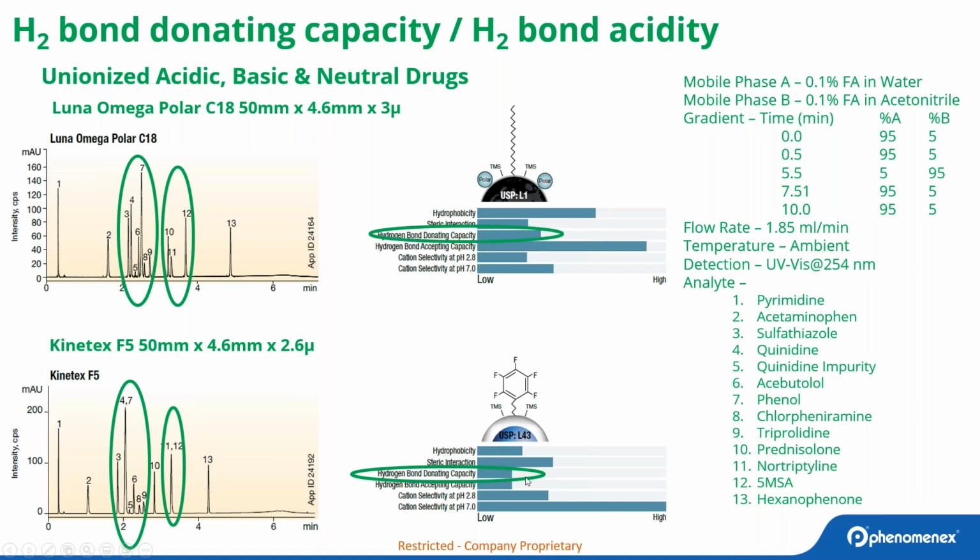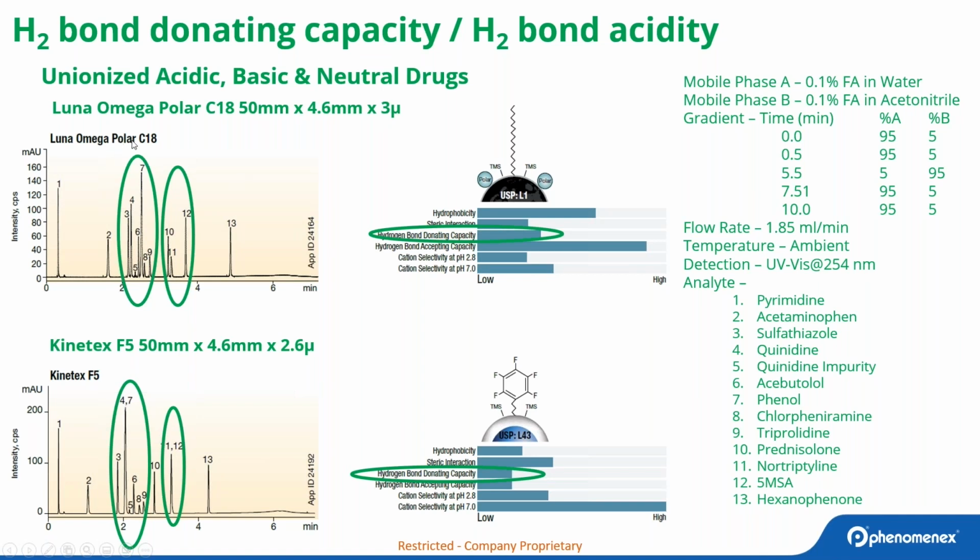So if we're looking at using this hydrogen bond donating capacity as the selectivity to separate some analytes of interest, say we have 4 and 7, which is phenol and methionine, I always pronounce that wrong, and then 11 and 12, nortriptyline and 5-MSA. We're having a hard time separating these on the F5.